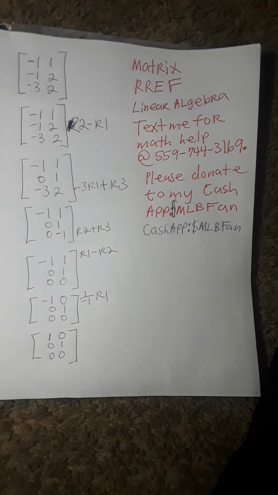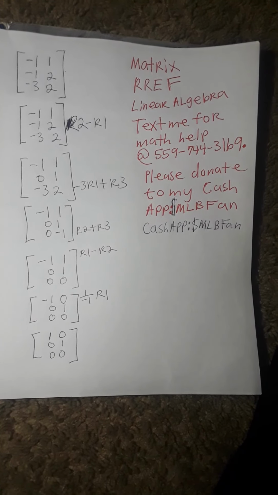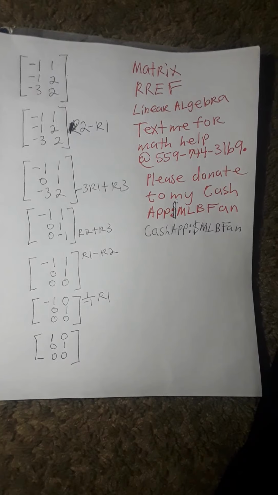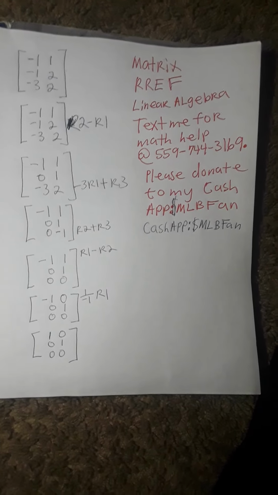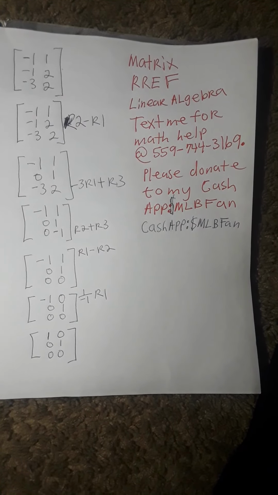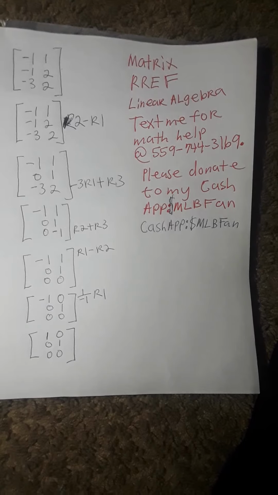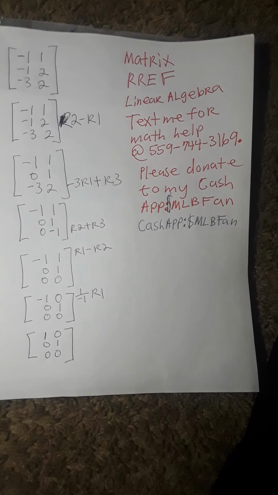So if you look at -1, anyone could say -1 divided by -1 is 1, but in linear algebra and matrix operations, you're not allowed to do that. So you have to say multiply row 1 by 1 divided by -1. So -1 times 1 divided by -1 gives you 1.